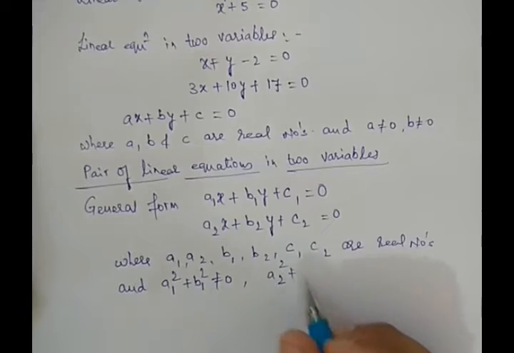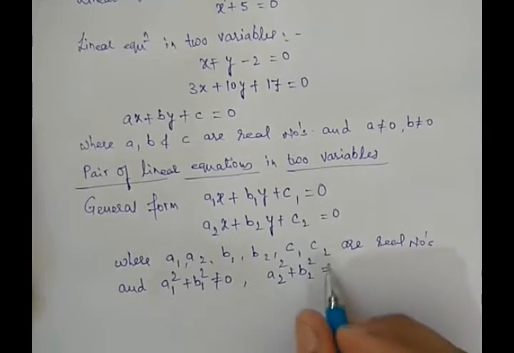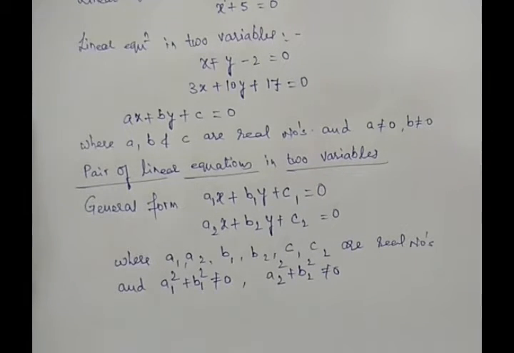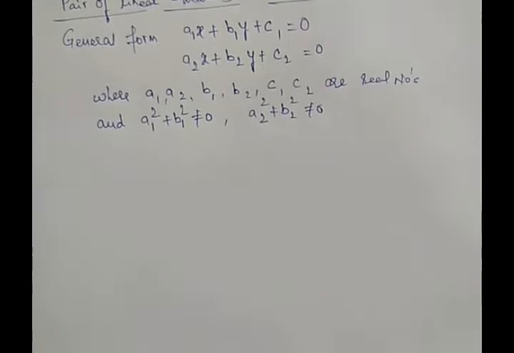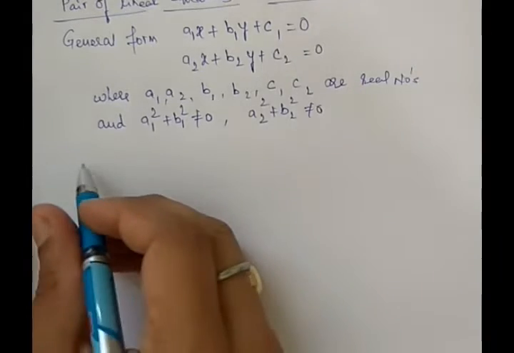Similarly, a2 square plus b2 square is not equal to 0. Just try to recall one thing that we have studied in the class 9th standard, that if we are using a linear equation, then it will represent a straight line.